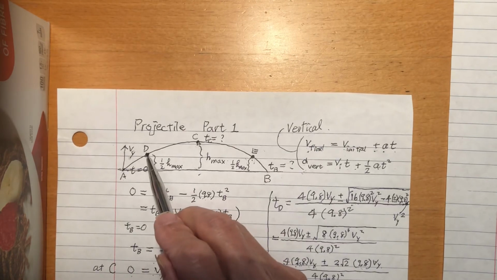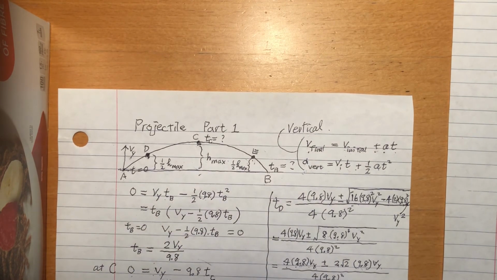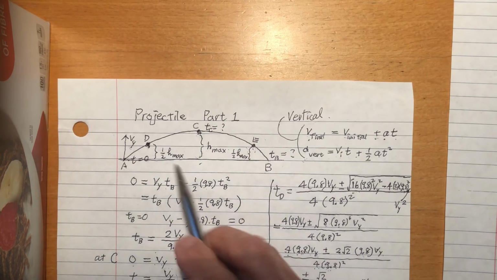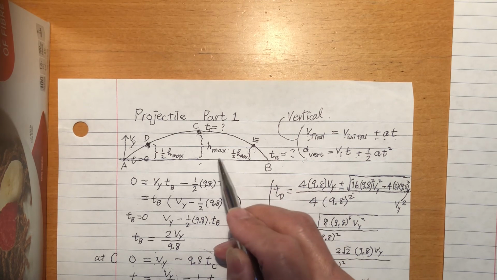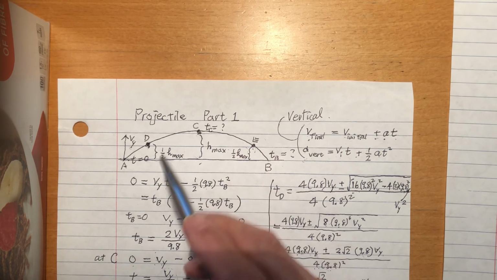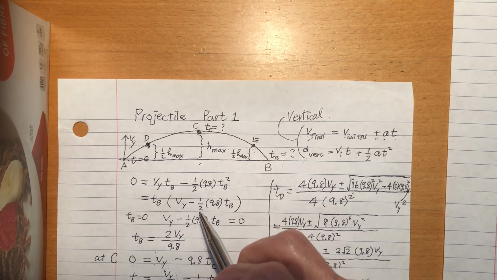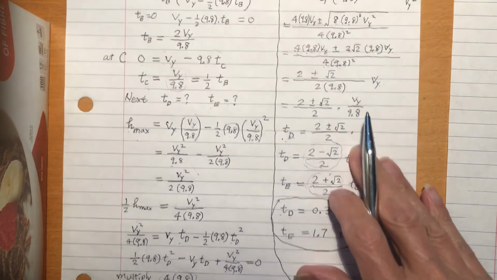The time to reach this point is 30% of the time to reach this point. The time to reach this point is 1.7 times the time to reach this point. So these are the two important results here.